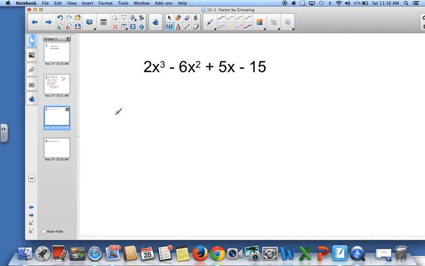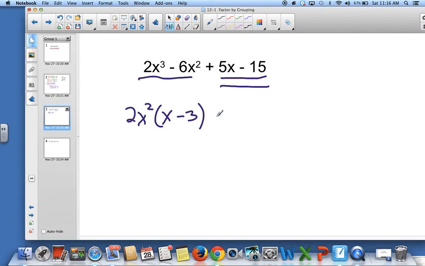This one here, I'll do the same thing. I'll break it up into this and this. The first thing I'm going to take out here is 2x squared, parentheses, and then this is going to be x minus 3. Check this out: 2x squared times x is 2x to the third, and 2x squared times negative 3 is minus 6x squared. That works.